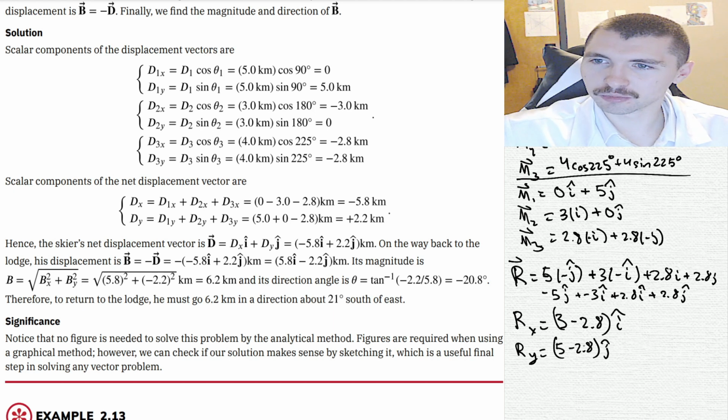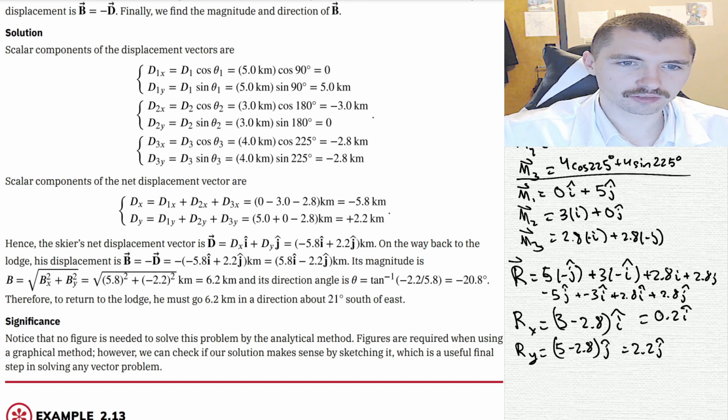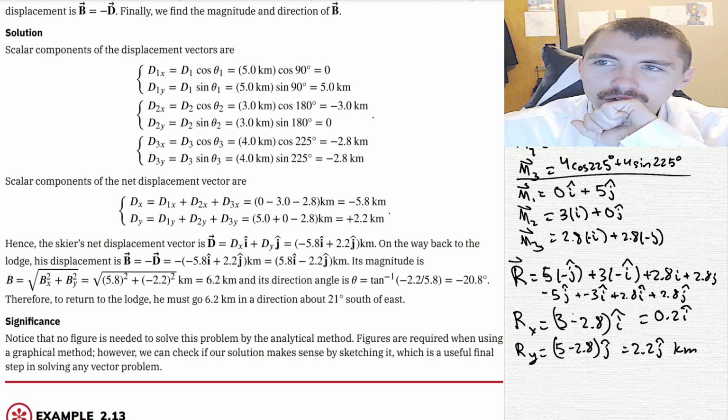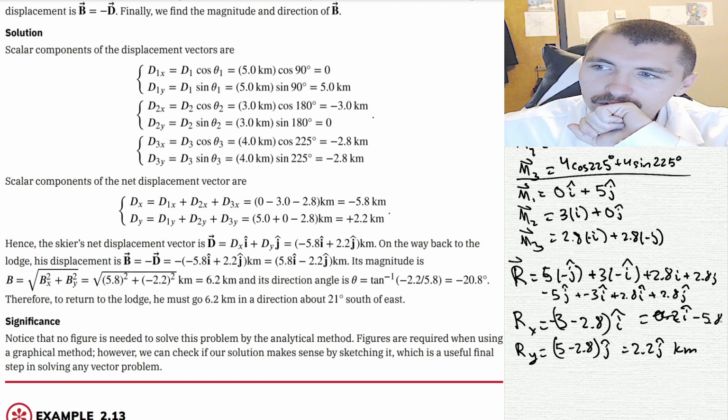Okay, so that should be 2.2, negative 0.2 I. So I must have messed up a sign here. 5.8 kilometers.